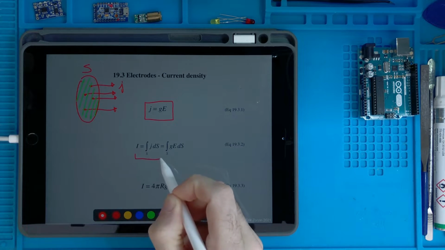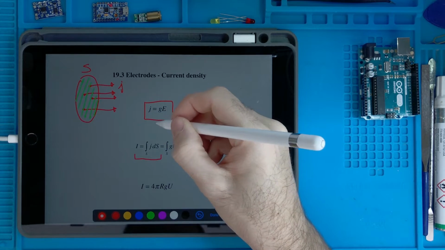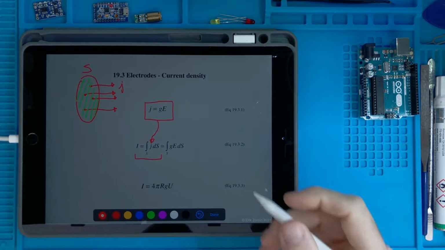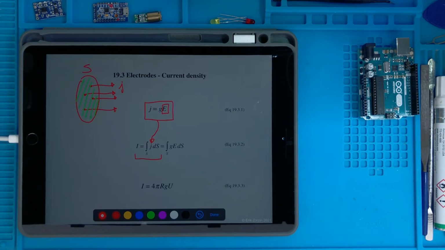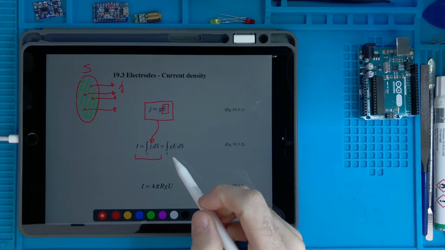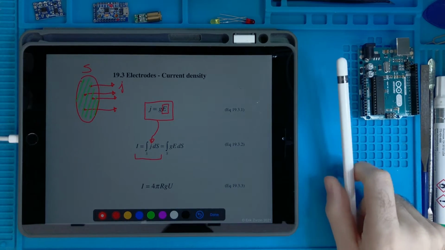So let's write the definition of current, but let's put this in place of J because we know the electric field. So we make this substitution. Then, because this problem is, let's say, domesticated, it's beautiful.